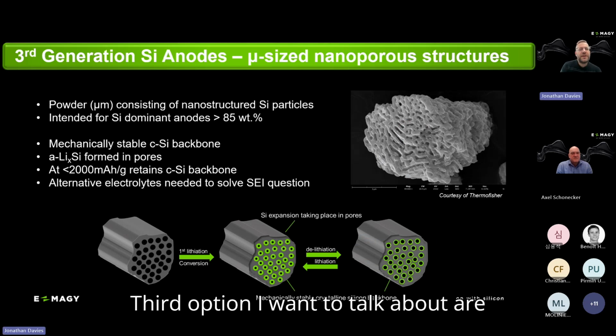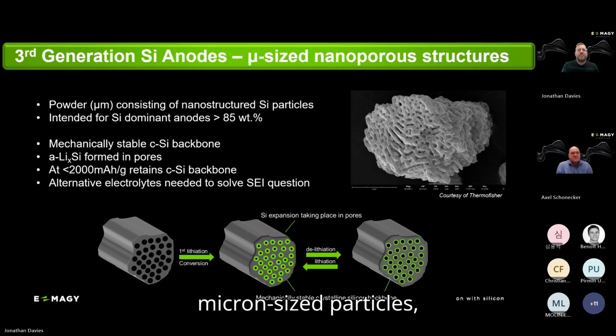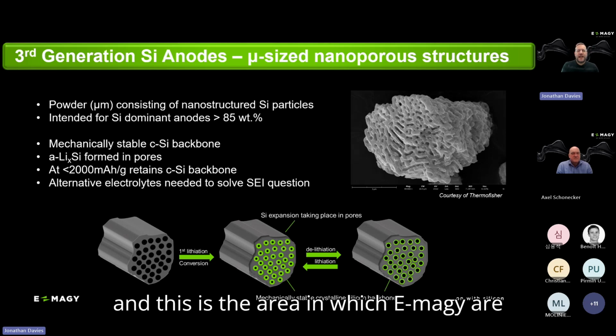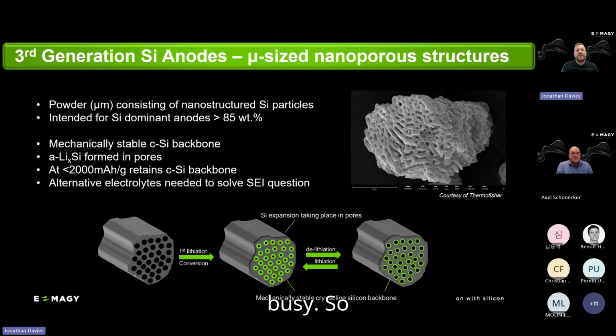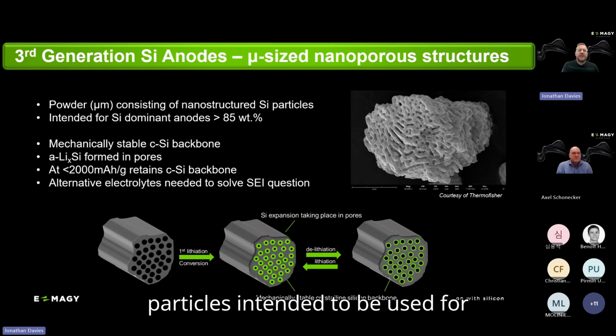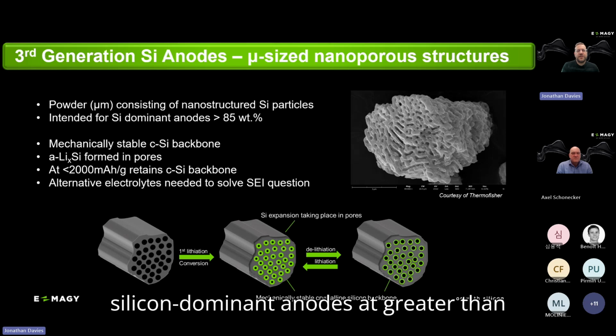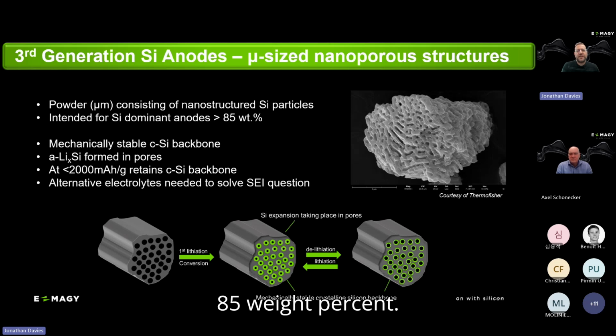Third option I want to talk about are micron-sized particles, and this is the area in which E-magy are busy. So E-magy produce micron-sized nanoporous silicon particles intended to be used for silicon dominant anodes at greater than 85 weight%.